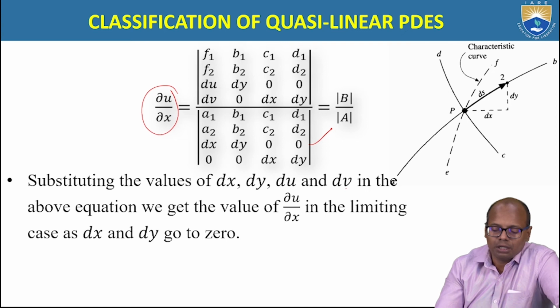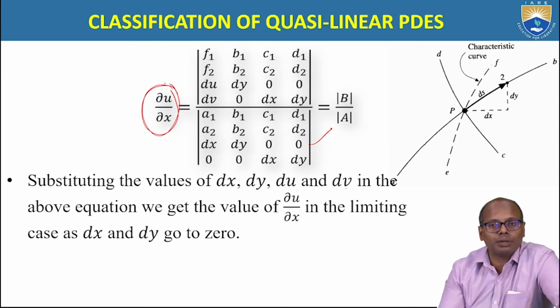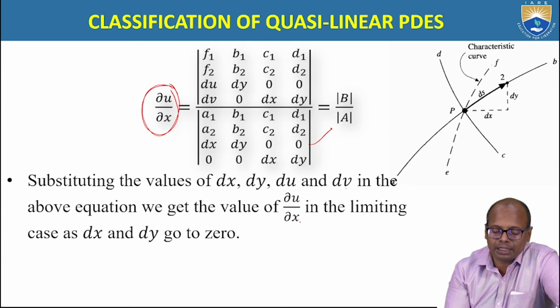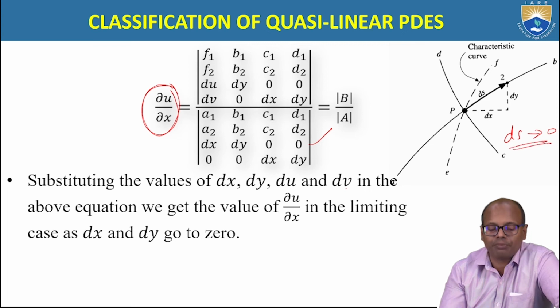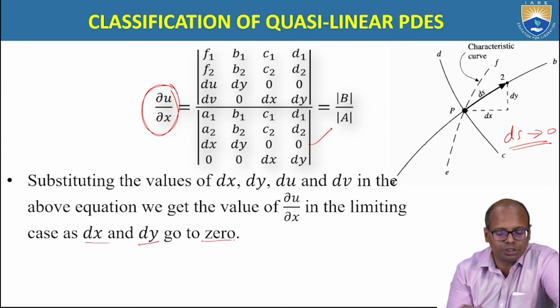Now, to what extent am I getting this? What is the limiting condition for this? The limiting condition is that this delta ds is tending to 0, infinitely small. The ds tending to 0 means dx and dy are also tending to 0.